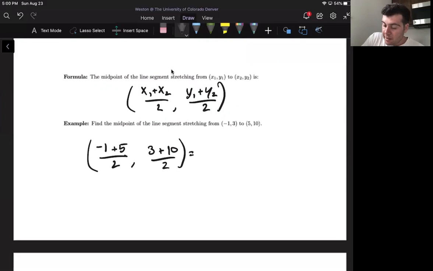And that's going to be 2, comma, 13 over 2. And that's our midpoint.